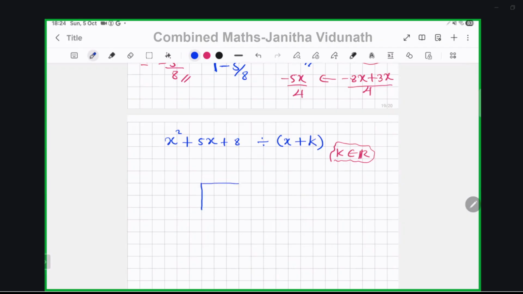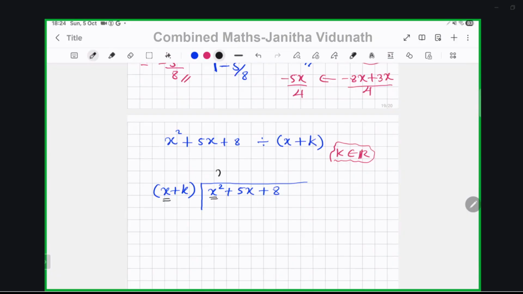All the steps remain the same. x square plus 5x plus 8 needs to be divided by x plus k. We think of this k as any real number. Then all the steps remain the same. First, we need to divide the leading term by the leading term of the divisor.